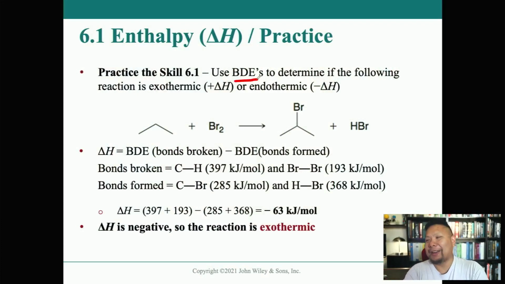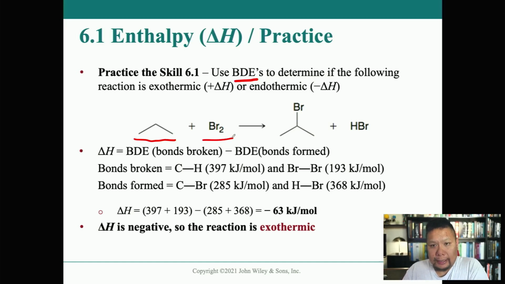Lost my train of thought. Oh yeah, so I alluded to this before, where you can use the bond dissociation energies to determine whether or not a reaction is exothermic or endothermic. And here you see a propane and a bromine.